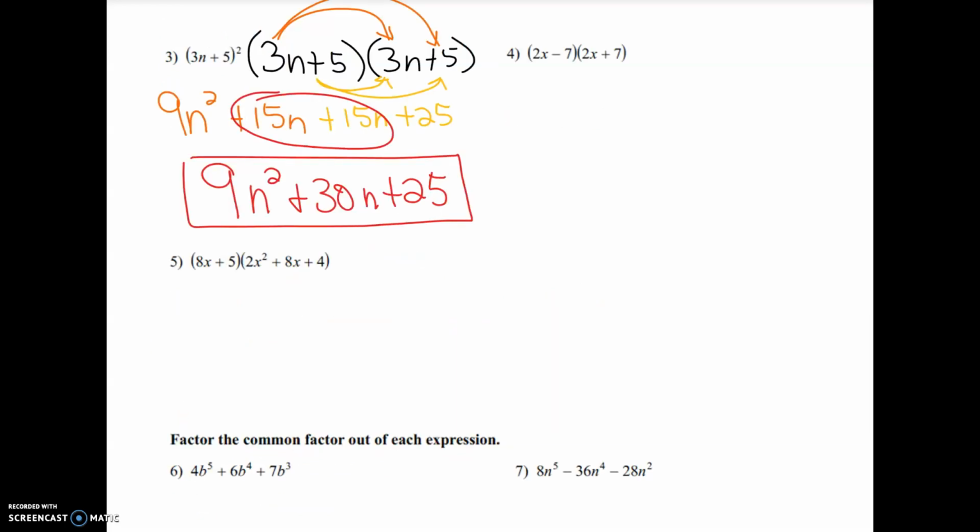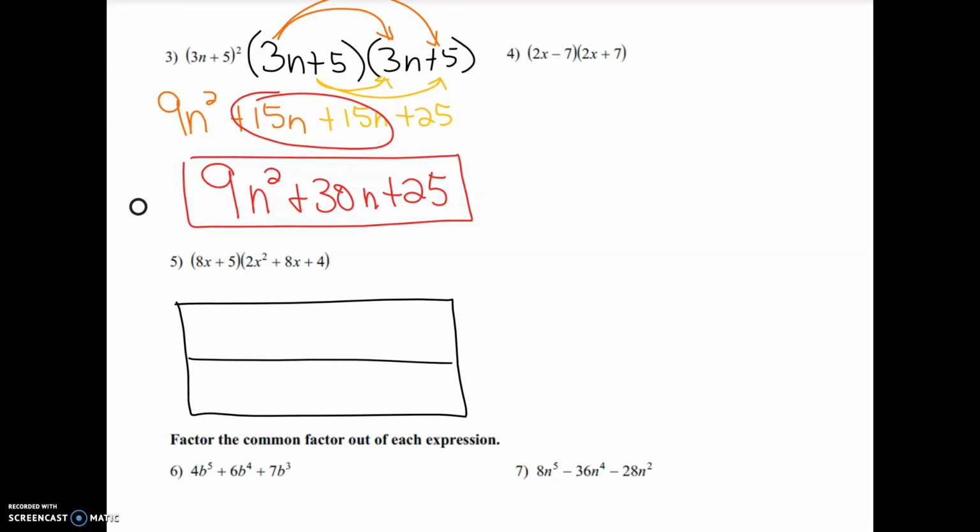Next, I'm going to skip on down to number 5. It's the same idea, only this time I have a binomial times a trinomial. So I'm going to use the box method for this. Since I have a 2 by 3, I need a 2 by 3 box. So I'm going to make 2 rows with 3 columns.